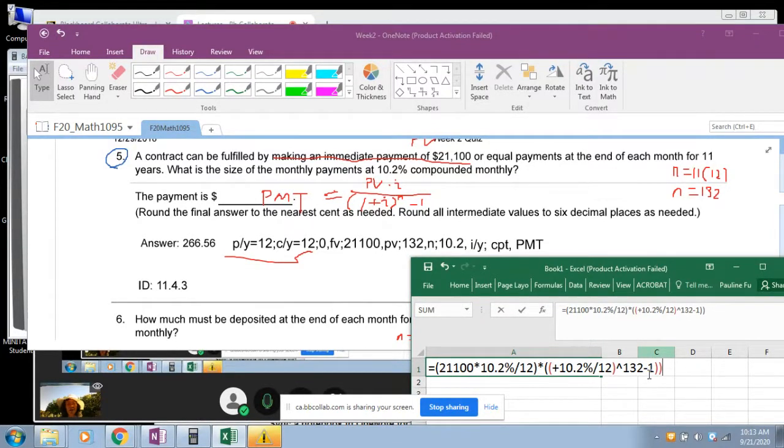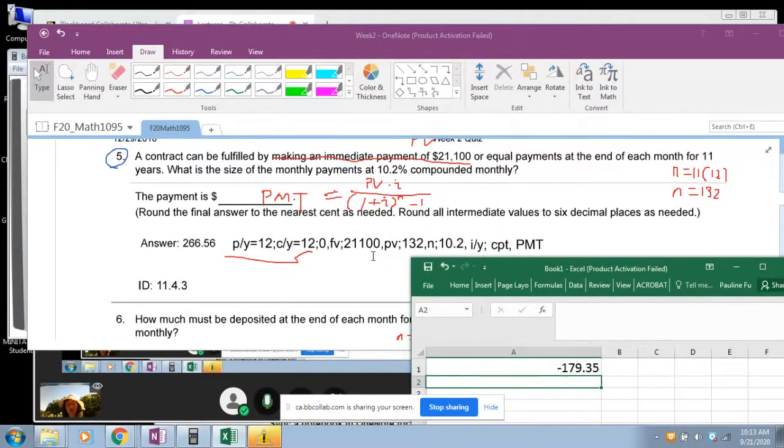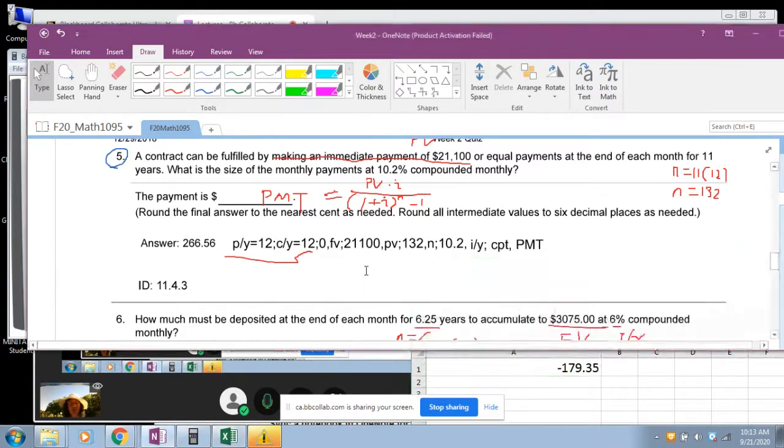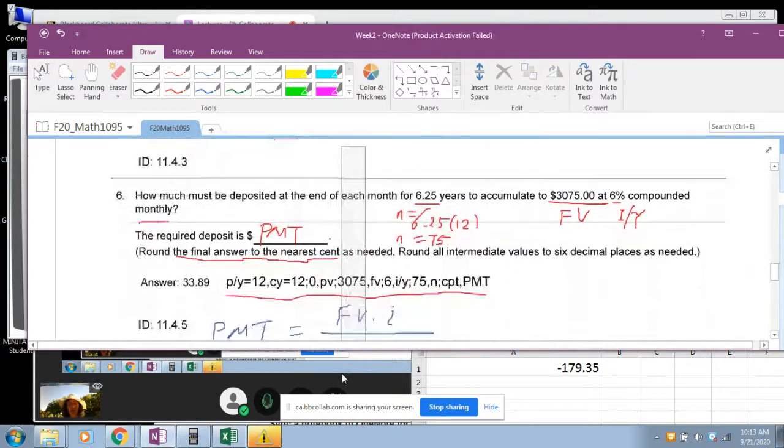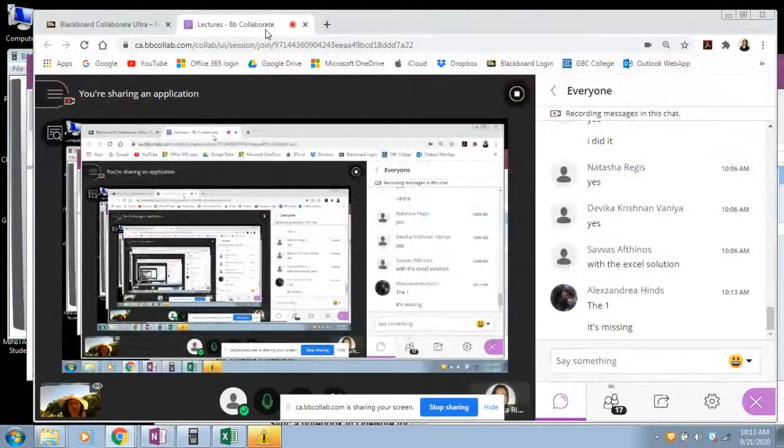I missed one right bracket. No. See, I did it wrong again. So this number, double check. Anyone found the mistake? Let me check. Give me one second. I see. What did I do wrong? It's missing the bracket. Okay, thank you. I'll double check again.